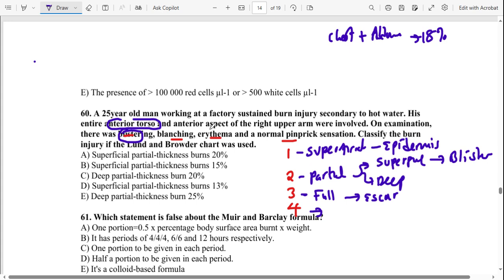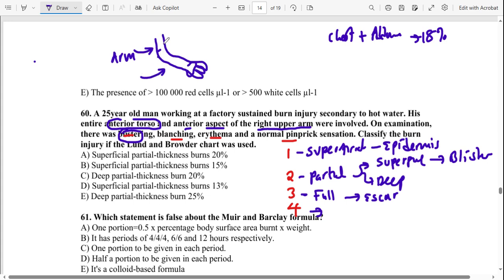And then we also have the anterior aspect of the right upper arm. This is the upper limb, so we have the arm and then the forearm.